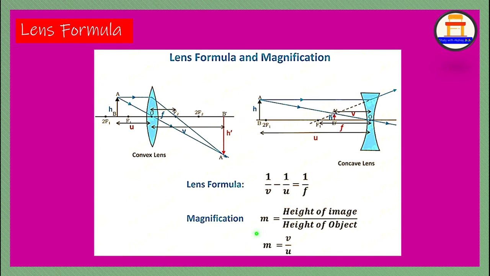It is nothing but image distance by object distance, v by u, or the length of the image divided by the length of the object. Here it is given as height of image by height of object, or length of image by length of object. So how big the image is or how small the image is when compared to the object is measured by using the linear magnification formula.